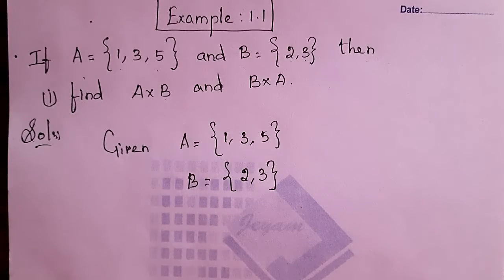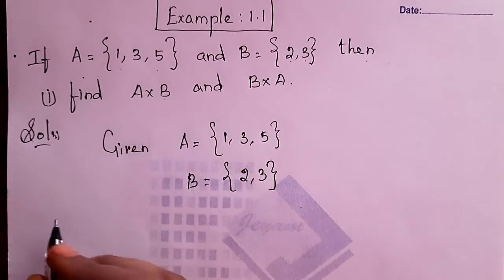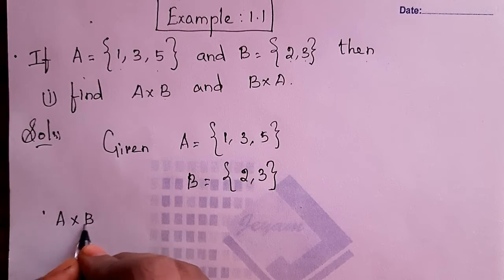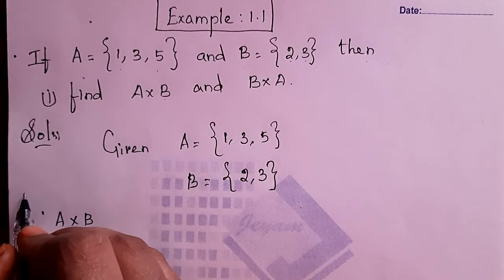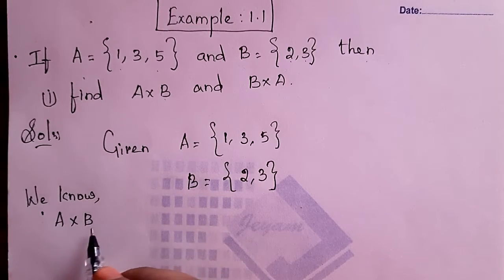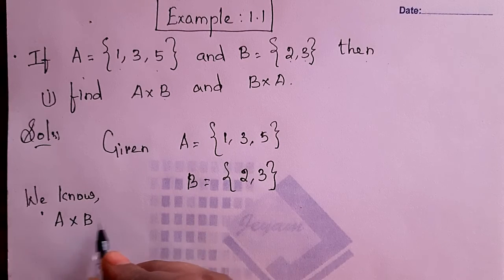Okay. Next we can find the Cartesian product A cross B. We know the formula to find the Cartesian product. How do you define the Cartesian product?